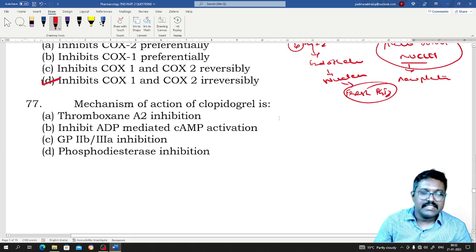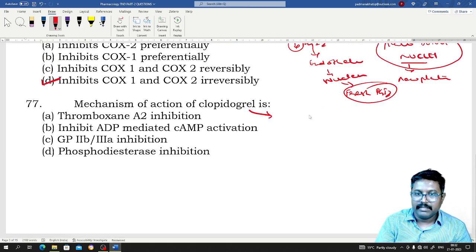So next, coming to the 77th MCQ, that is mechanism of action of clopidogrel. So clopidogrel is one of the antiplatelet drugs which will act on the P2Y12 receptor of ADP. So usually it is an irreversible antagonist of the P2Y12 receptor of ADP.